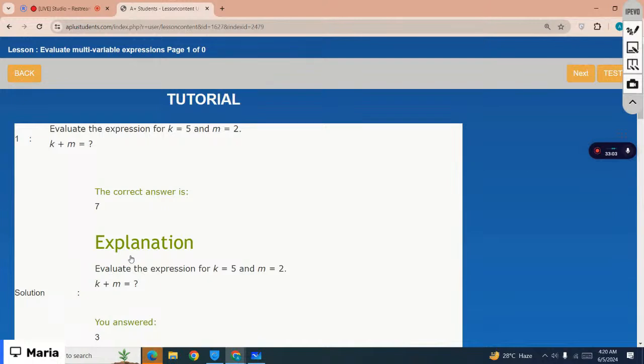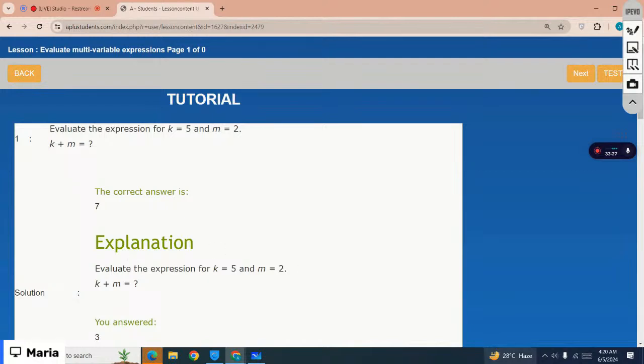Evaluate the expression for k equals 5 and m equals 2. So in the equation, you have more than one variable involved, and also you are given the value of both the variables. You are given k equals 5 and m equals 2. So simply replace the variables with the values like we did in the earlier lesson, and then you have to evaluate them, right?